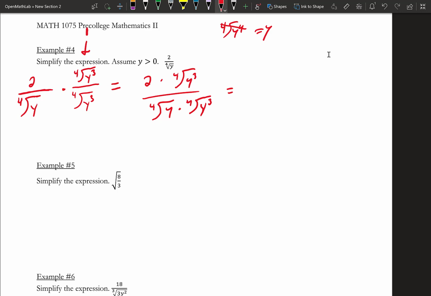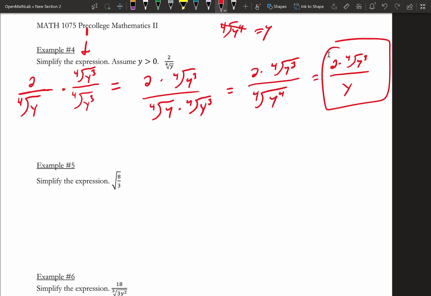So then using the multiplication property, this would be the 4th root of y times y cubed, which is y to the 4th, and then the top would just be 2 times the 4th root of y cubed. So the 4th root of y to the 4th is simply just y, and the top would be 2 times the 4th root of y cubed. Right?